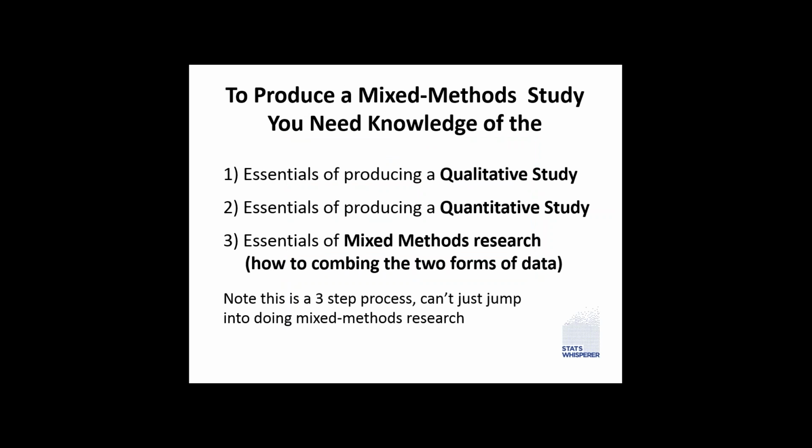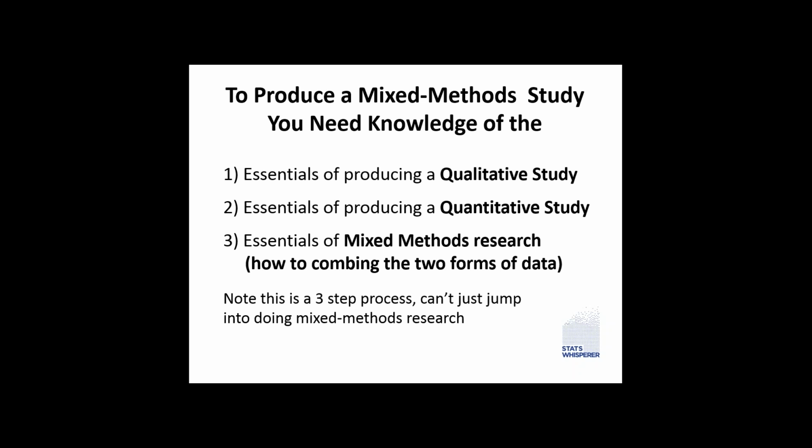Now, to produce a mixed methods study, you need knowledge of, as we said, the essentials of producing a qualitative study, right? So you have to be a good qualitative researcher. Then you need the essentials of producing a quantitative study.